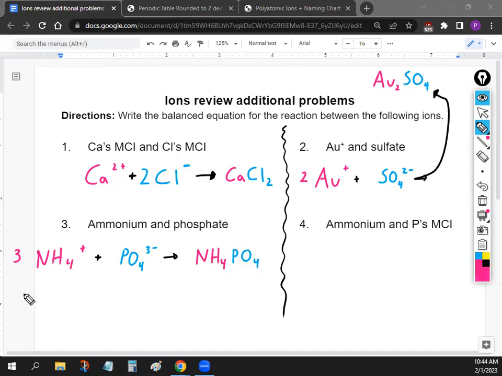Since we use 3 of the NH4s, for polyatomics we put parentheses around them and just put a 3 on the outside. Hopefully you remember that from last time. Polyatomics, you keep them exactly the way they are. So if you need more than one, just put parentheses and then put however many you need on the outside. And that's it. That's how we finish that equation.